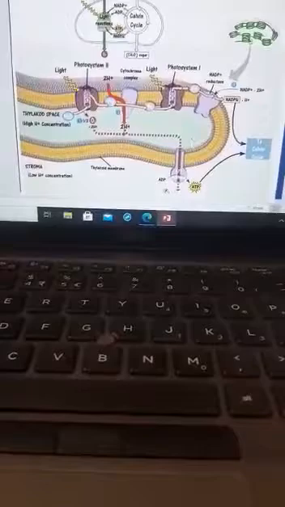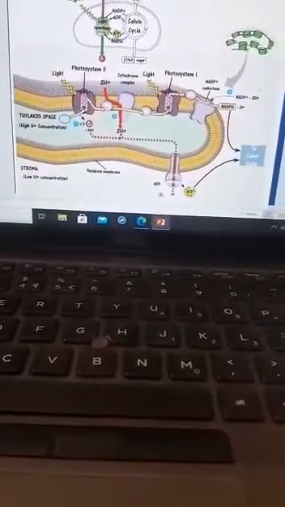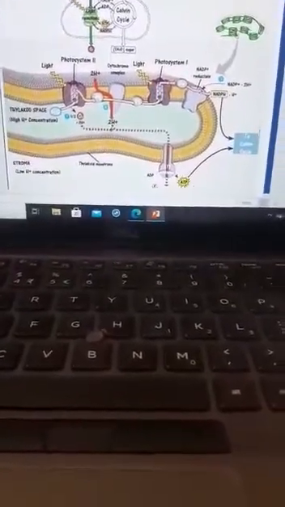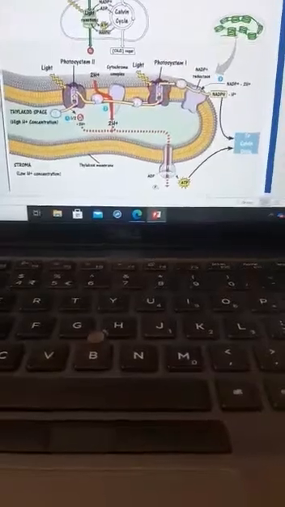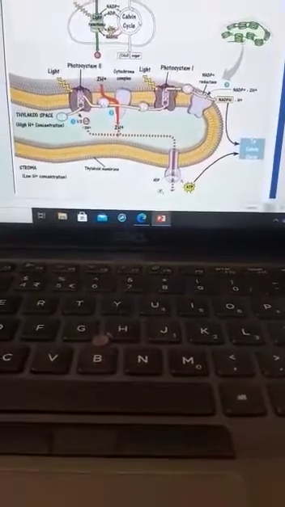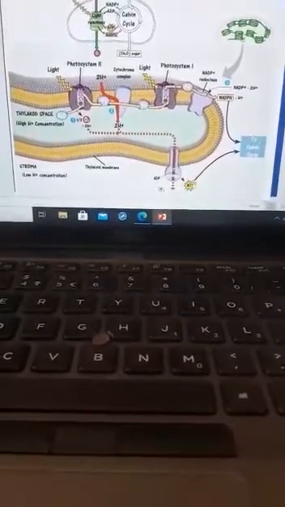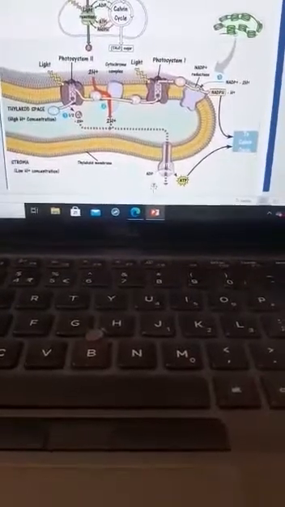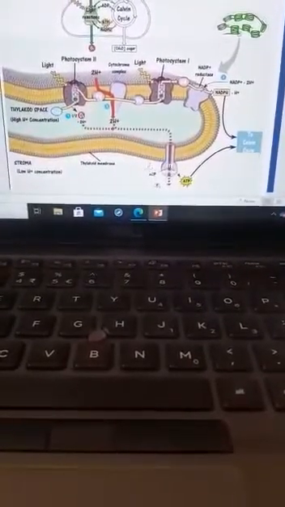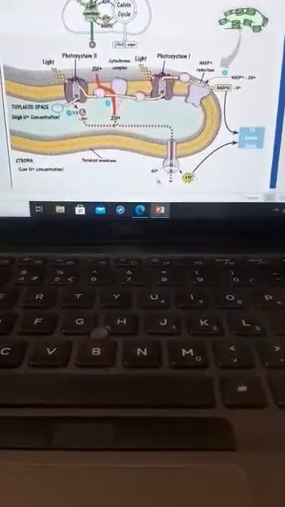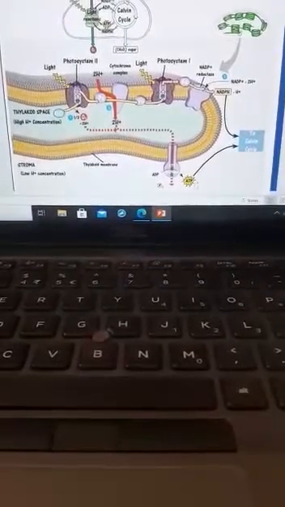That energy is released, and likely that energy is going to be used by the ATPase enzyme to attach a phosphate group to ADP, forming ATPs here.